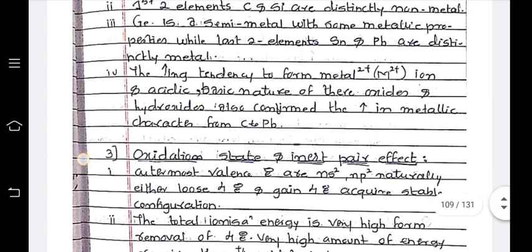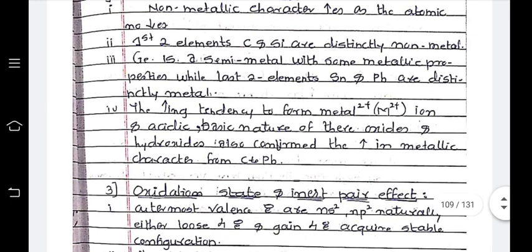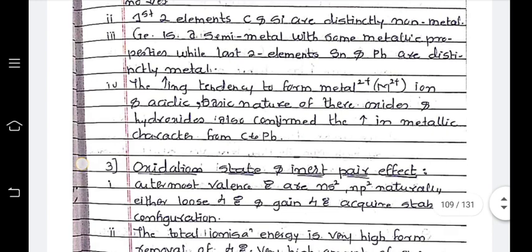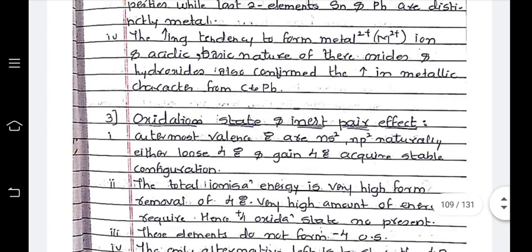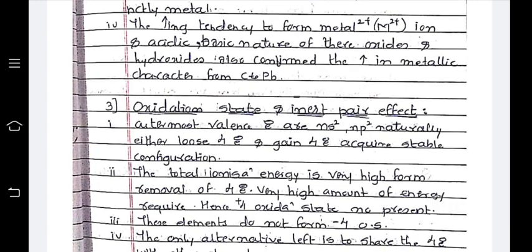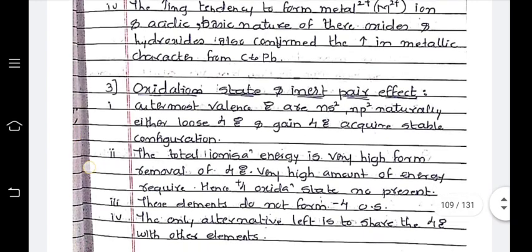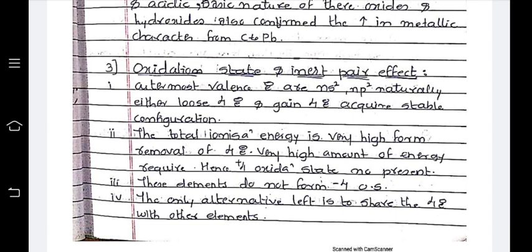Germanium is a semi-metal with some metallic properties, while the last two elements, tin and Pb, are distinctly metals. The increasing tendency to form M2+ ions and the acidic-basic nature of their oxides and hydroxides also confirm the increase in metallic character from carbon to lead.